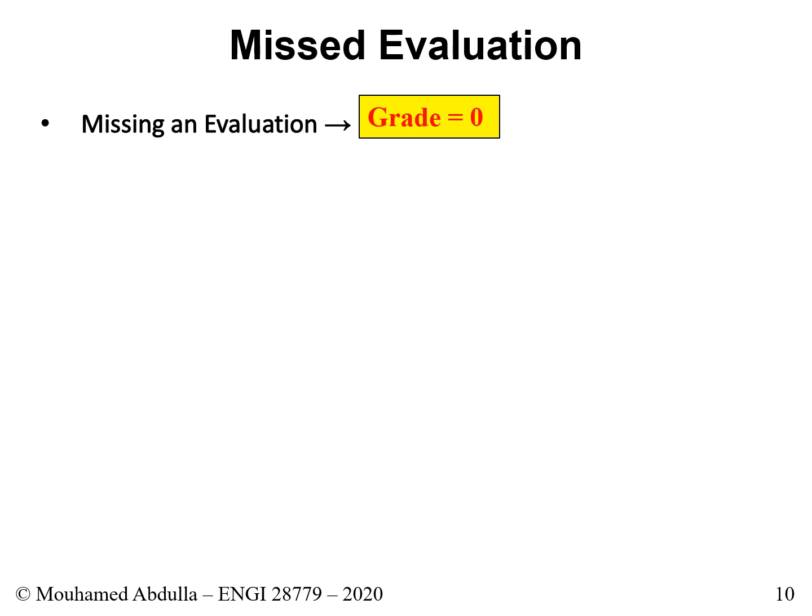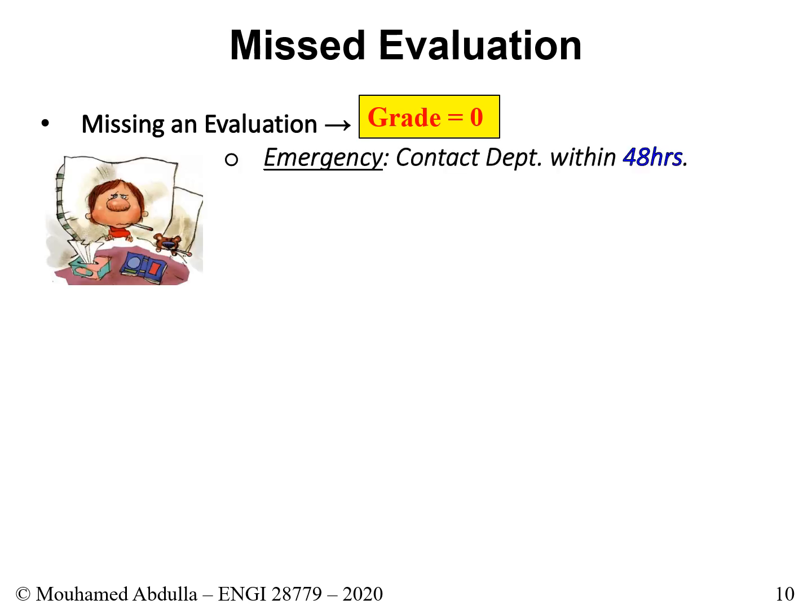Now, you may have legitimate reasons why you missed it, and that's okay. So for instance, if you had some emergency, then initially we'll give you a 0. You go through the process, and then that 0 will be replaced, and then we'll find ways for you to redo the test. But in general, we give you 0. So what do you typically need to do? If it's an emergency, you need to contact the department, the MEET department, within 48 hours.